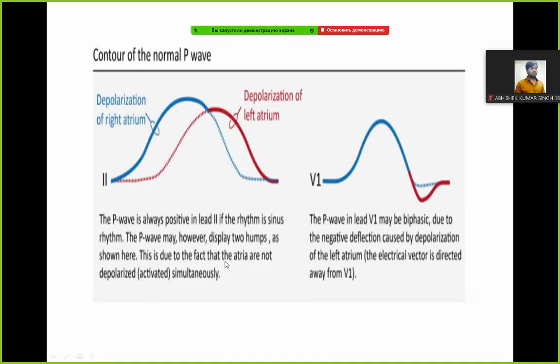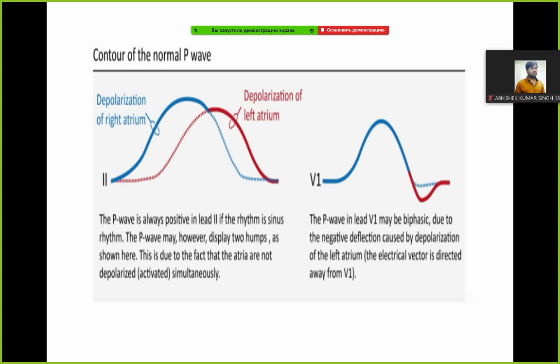First, the P wave reflects the depolarization of atria, and we've got two atria, right and left. That is why the P wave consists of two parts: depolarization of the right atrium and depolarization of the left atrium. The sinoatrial node is in the right atrium. That is why the P wave starts from depolarization of the right atrium.